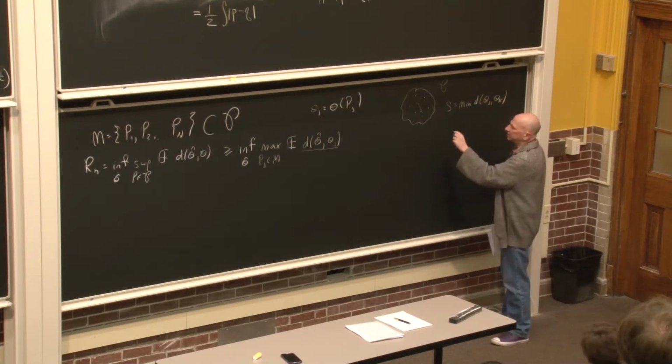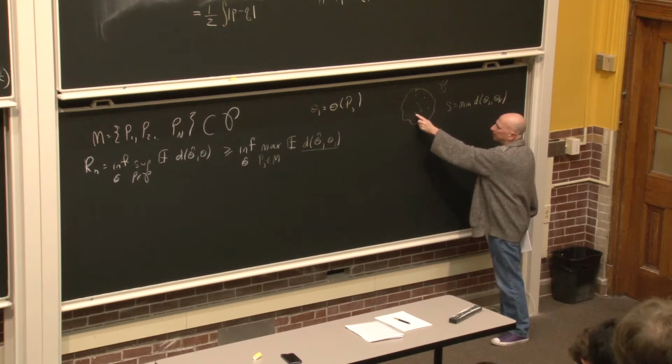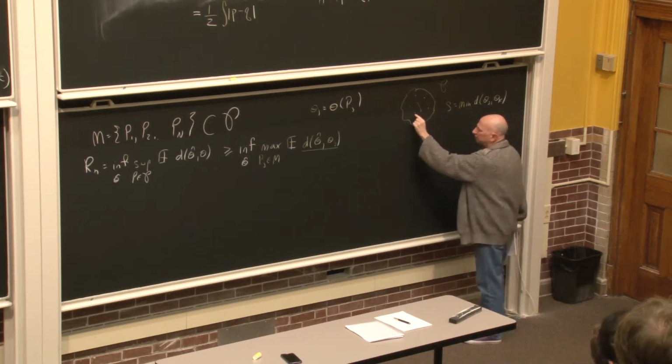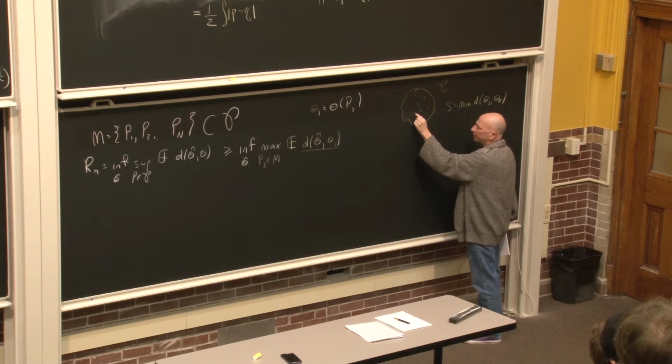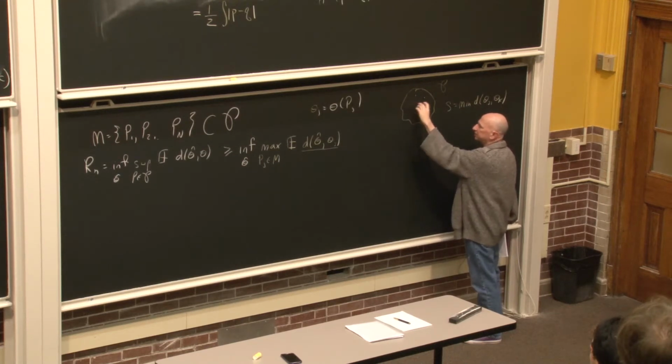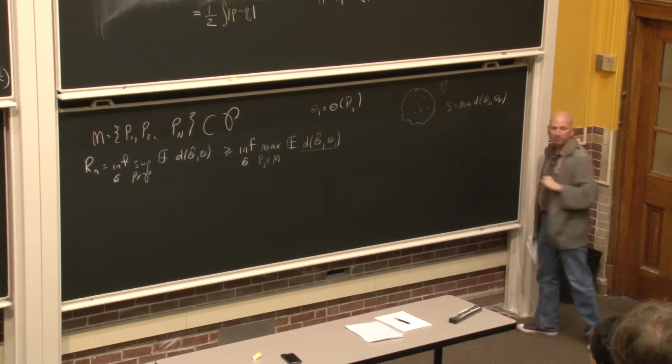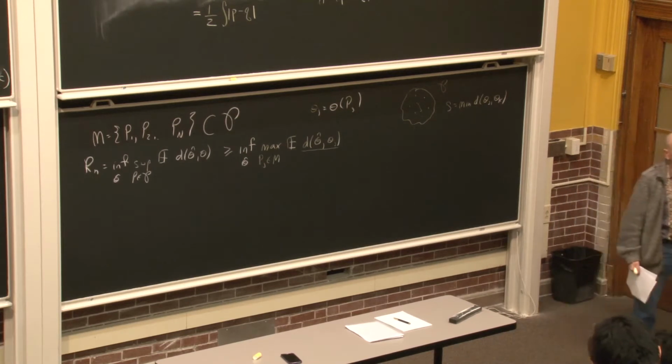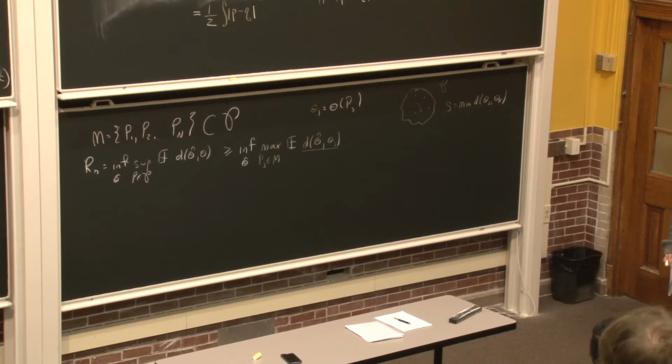Let's think of this as some parameter. This is some distribution in here, and there's some parameter attached to it, and the distance between this and this and all pairs is always at least some number S. We're going to pick S. That's the closest these things can be.